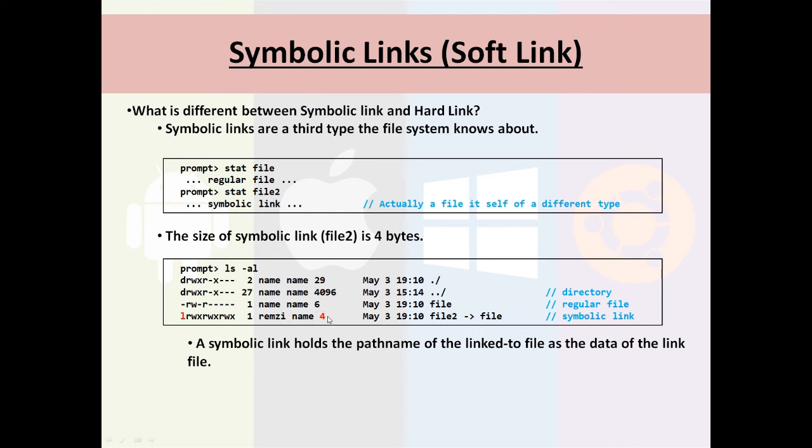The reason that file2 is 4 bytes is because of the way the symbolic link is formed, by holding the path name of the linked-to file as the data of the link file. So the name of our link file is file2, and the data inside this file is basically the path to file.